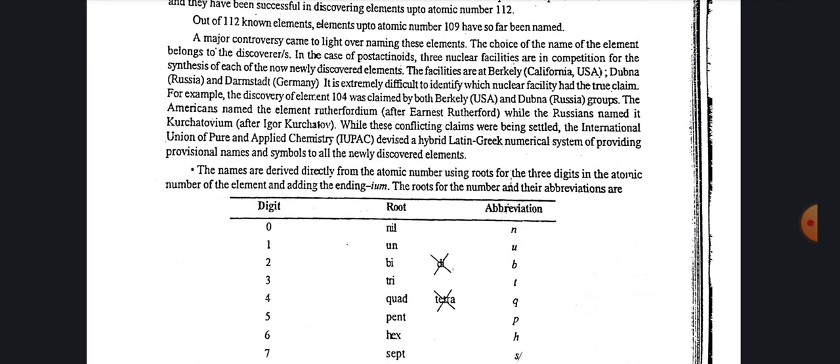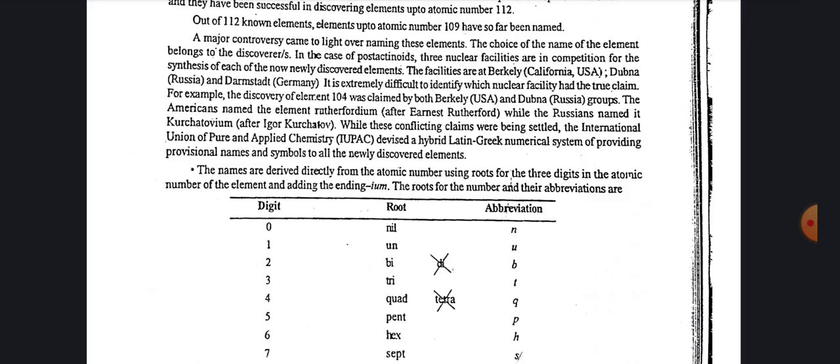A major controversy came to light over naming these elements. The choice of the name of the element belongs to the discoverer. In the case of the actinides, three nuclear facilities are in competition for the synthesis of each of the newly discovered elements.